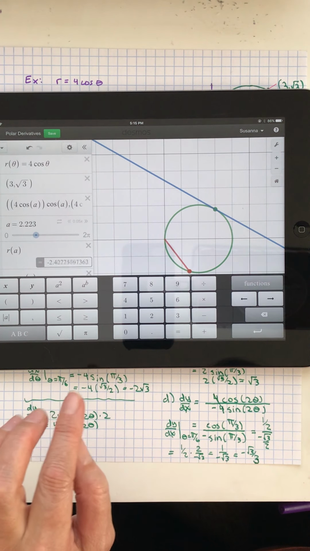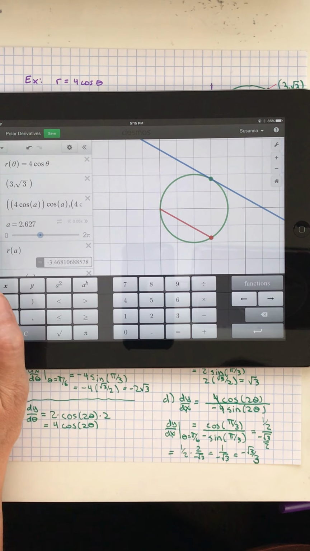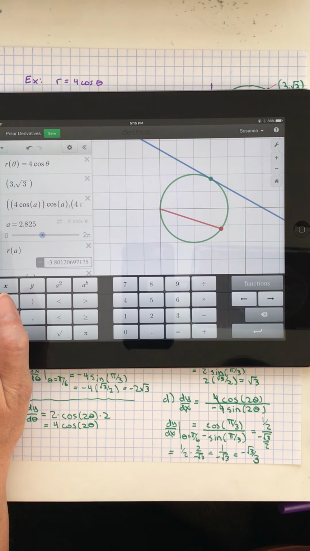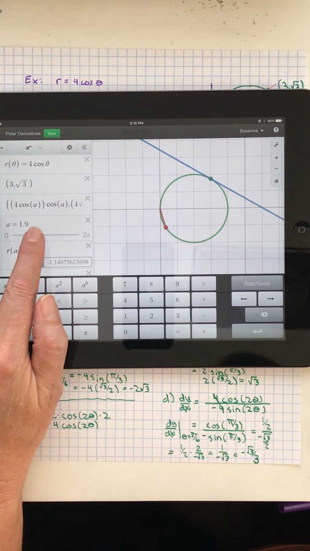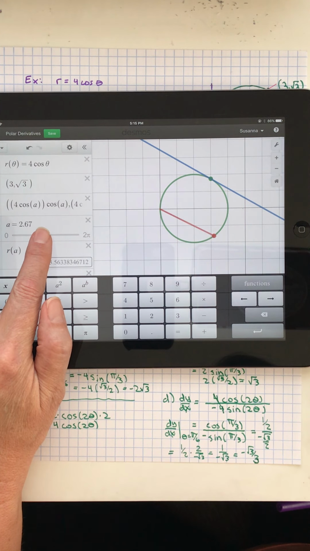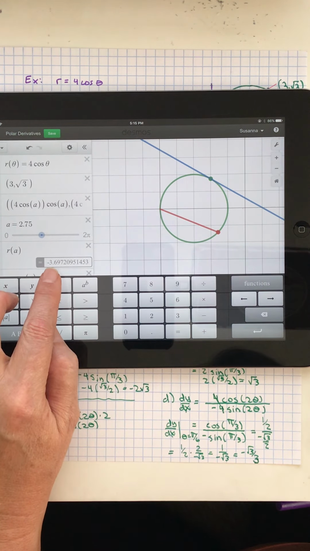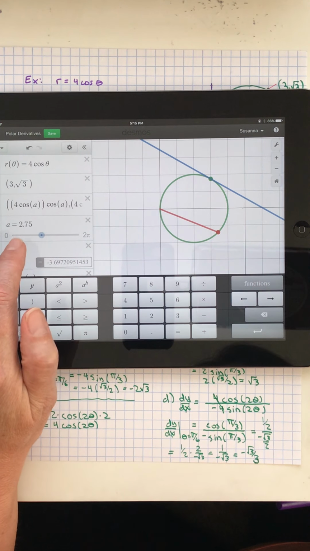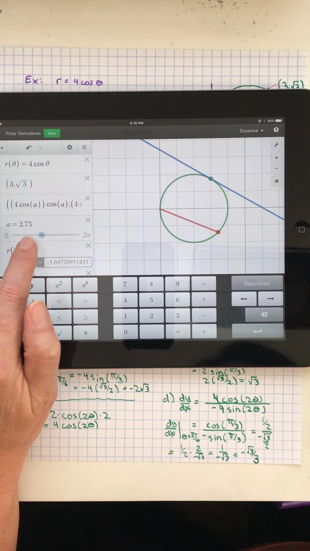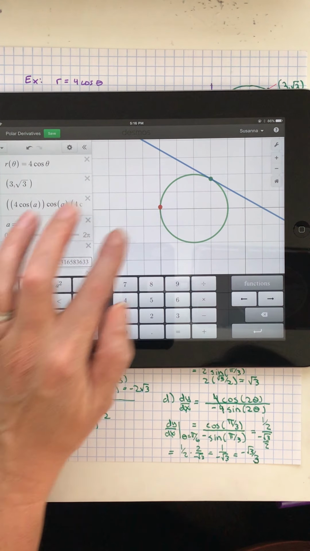One thing that's interesting to note about the graph is that the whole cycle finishes in pi. When you are at a value of anything a little bit bigger than pi over 2, the radius values are negative. So here is pi over 2, 1.57, which gives you a y-coordinate of 0, or an r value of 0.